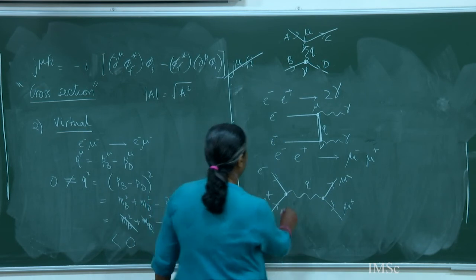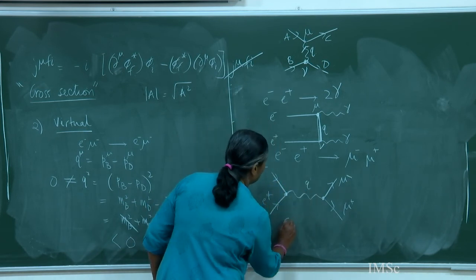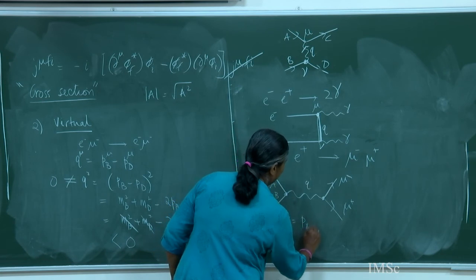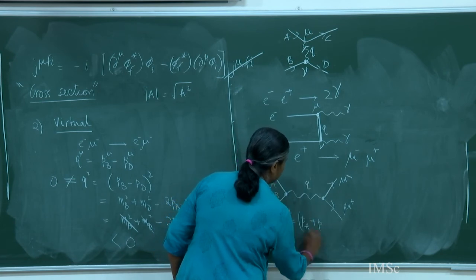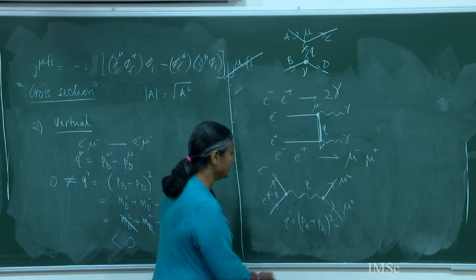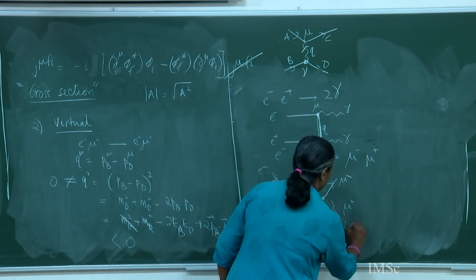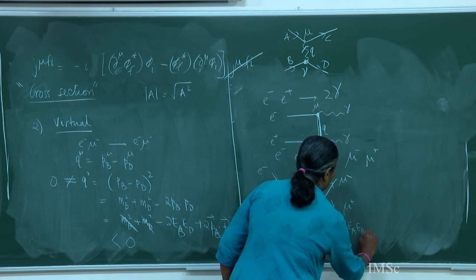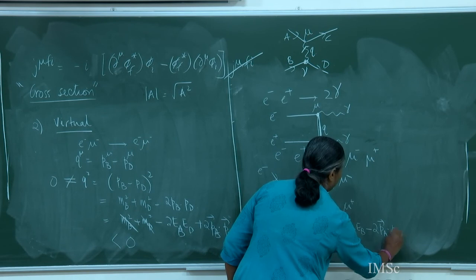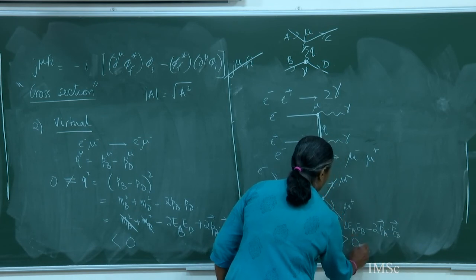Let us take this second example. What is Q over here? This is A and this is B. So Q is PA plus PB. So Q squared is PA plus PB whole squared, which, let us take it to be massless so that we forget about the masses, is 2 EA EB minus 2 PA dot PB, and that is greater than 0.